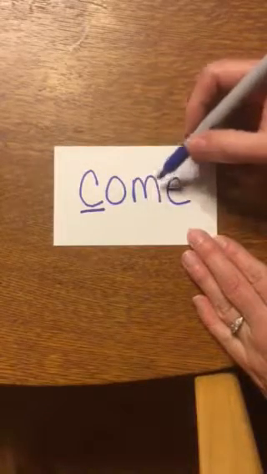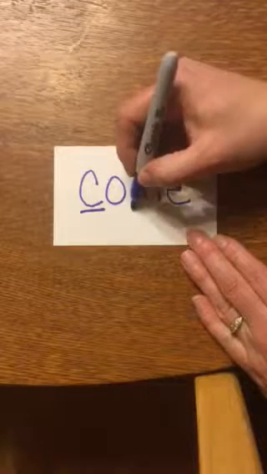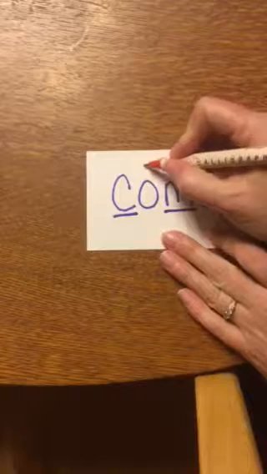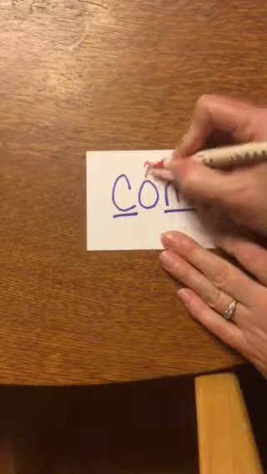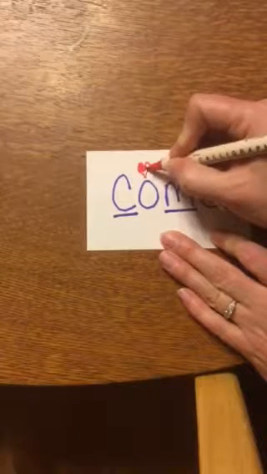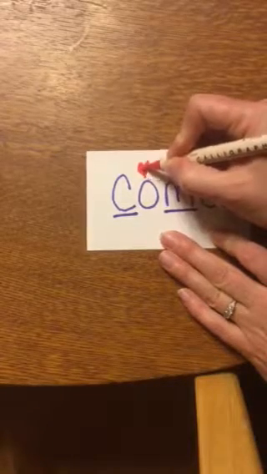In the word come, the M still says its sound, so that follows the rules that we know. However, the part that breaks the rule is the O. Typically, we would think that this would be decoded as comb, but because it breaks the rule right here, we need to know this part by heart.